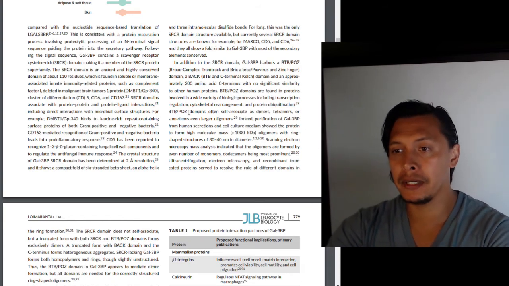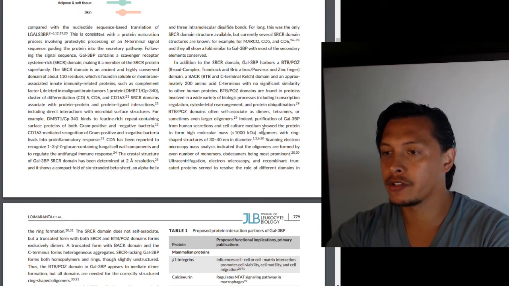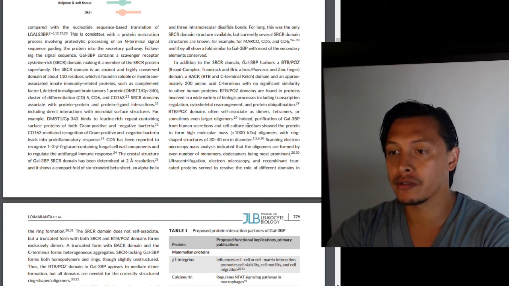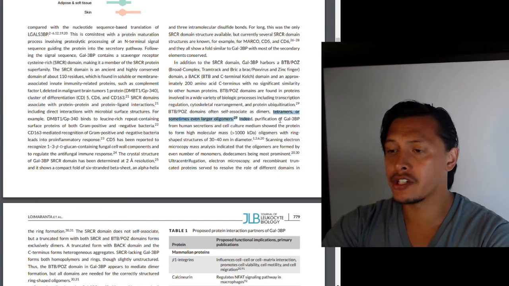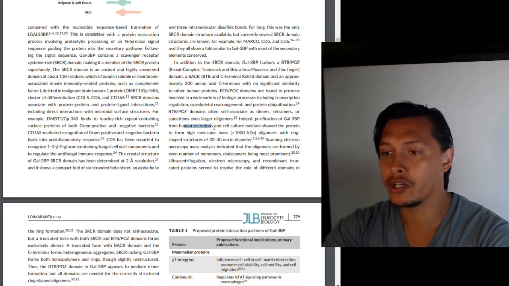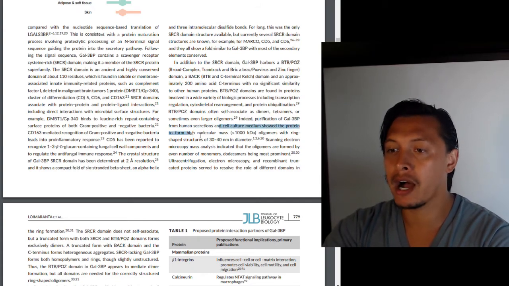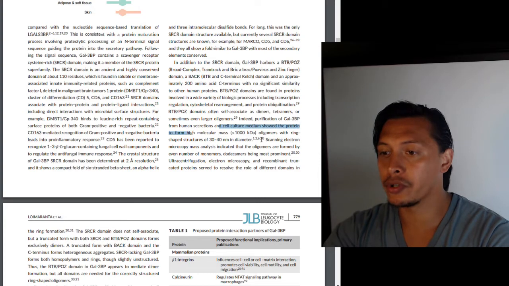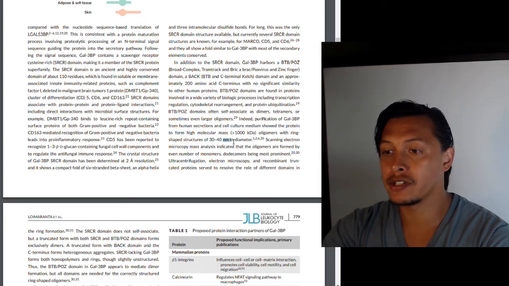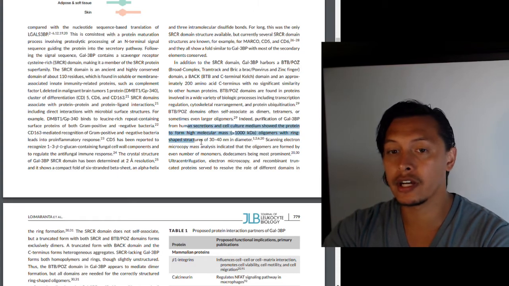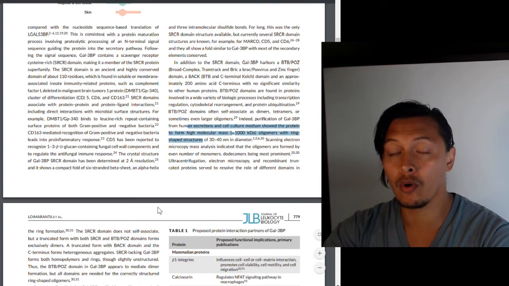Anyways, this BTB-POZ domain often self-associates as dimers, tetramers, or sometimes even larger oligomers. Indeed, purification of Gal3 binding protein from human secretions and cell culture medium showed the protein to form high molecular mass oligomers with ring-shaped structures of 30 to 40 nanometers in diameter. So it seems as though this galectin-3 binding protein is able to form rings.